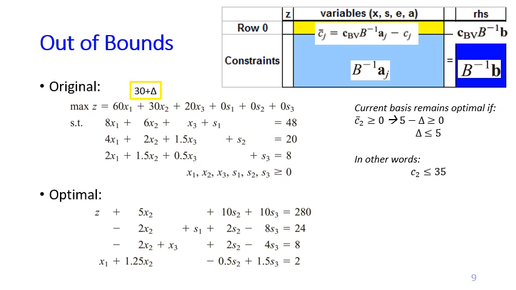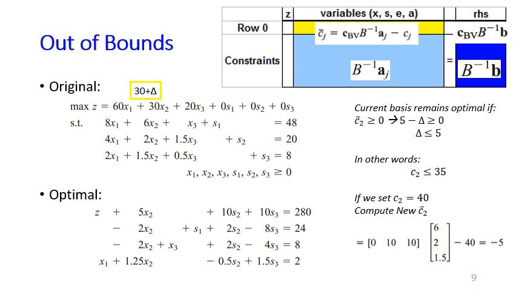Now, what happens if the price of x2 increases to more than 35? Let's say we set C2 equals 40. From our previous conclusion, we know that if C2 is greater than 35, the current basis is no longer optimal. We need to recompute the new C2 hat.